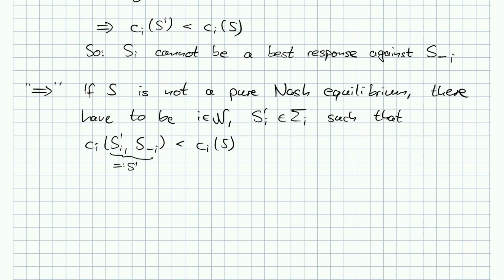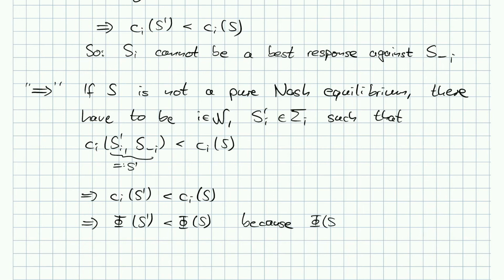Then we know that C_i of S' is smaller than C_i of S, and this also means that the Rosenthal potential of S' is smaller than the Rosenthal potential of S, just because the difference of the Rosenthal potential exactly matches the difference of the cost.